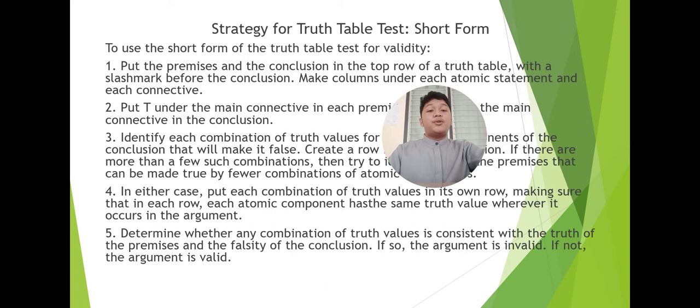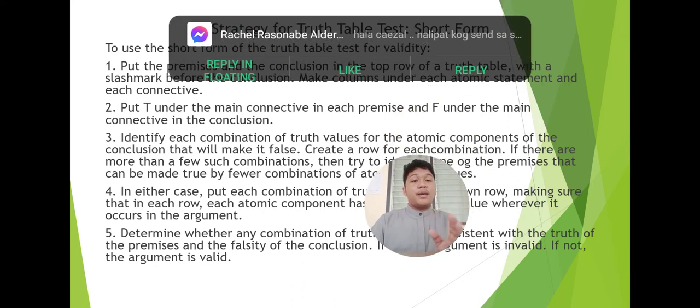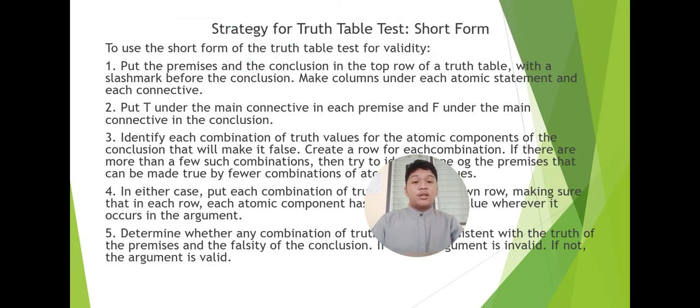The strategy for the truth table test, short form. To use the short form of the truth table test for validity, we need to put the premises and the conclusion in the top row of a truth table with a slash mark before the conclusion. Put a T under the main connective of each premise and an F under the main connective in the conclusion.